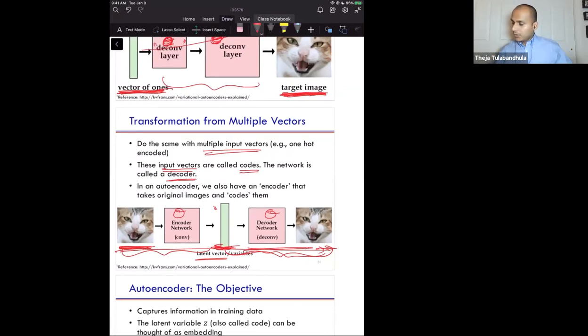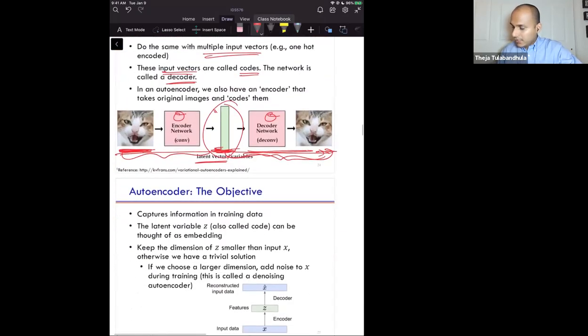So you have lots of unlabeled images, and you're doing an unsupervised learning task. What you're trying to do is find a representation of these images in an unsupervised way. Representation is basically these embeddings of the images. Just to recap, the goal is to capture information in this data of images.